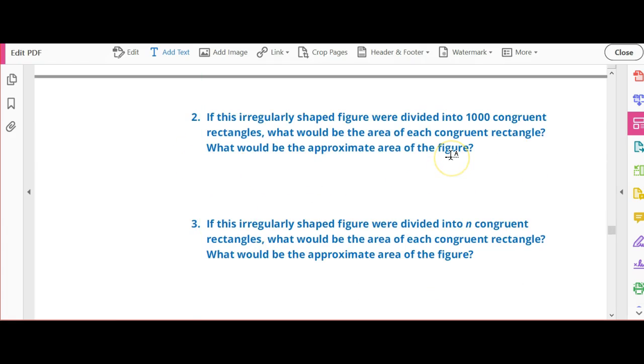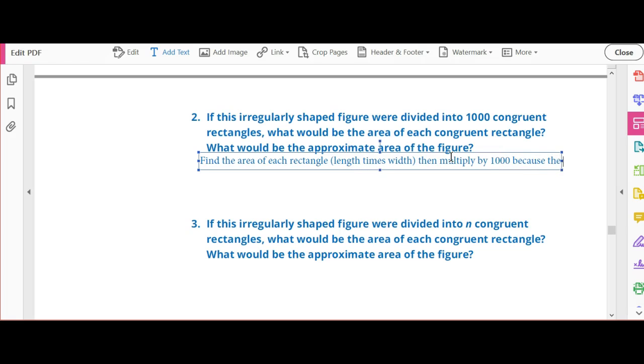So then the next thing they're asking us, what about if there were 1,000? Well, we would still find the area of each rectangle, length times width, then multiply by 1,000 because there would be 1,000 rectangles, right?